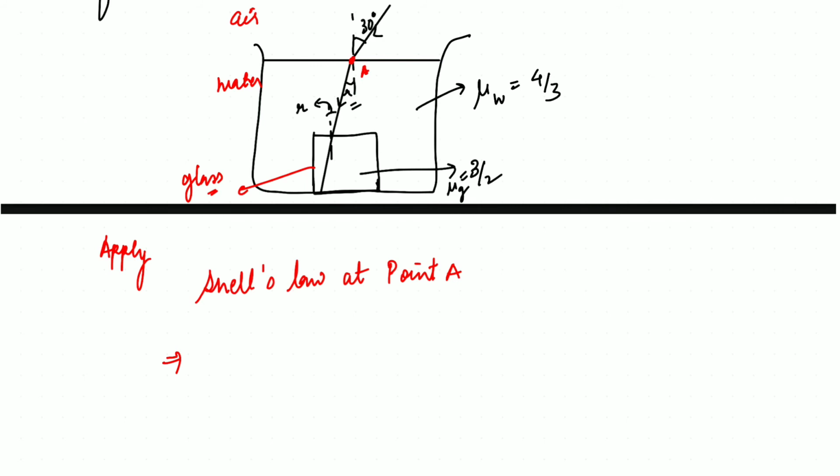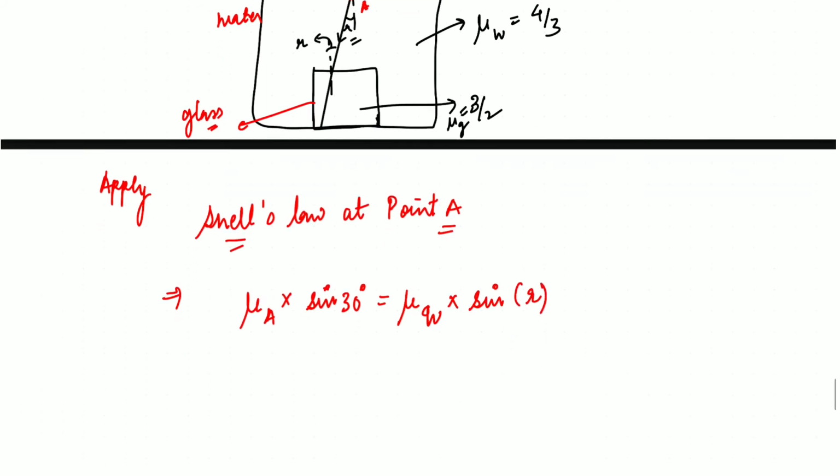There are basically 3 media. So we are going from air to water for that refraction at point A, and we are applying Snell's law. So refractive index of air multiplied by sine of angle 30 is equal to refractive index of water multiplied by sine of R. Yes or no?